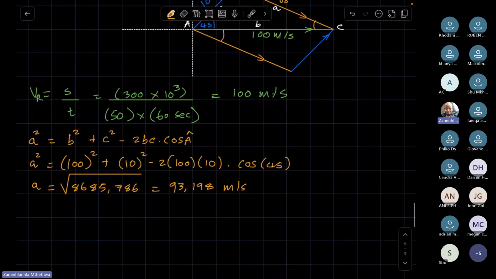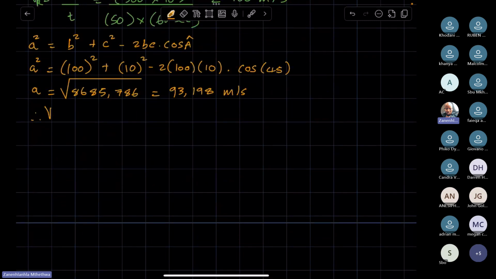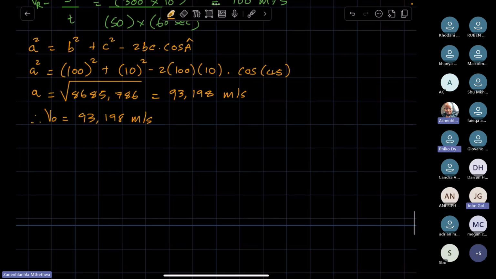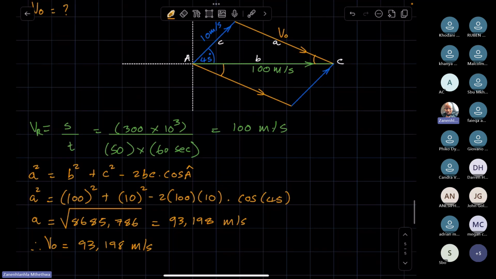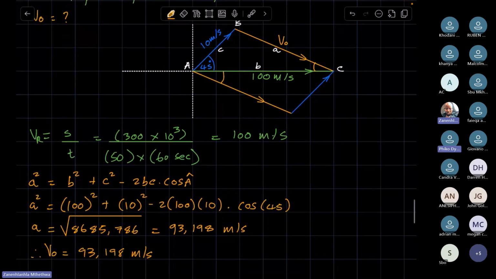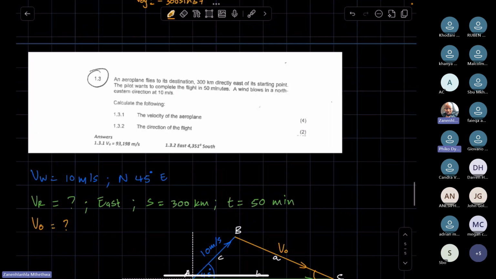Remember that small a represents VO, therefore VO is equal to 93.198 meters per second. So that's the magnitude of VO.